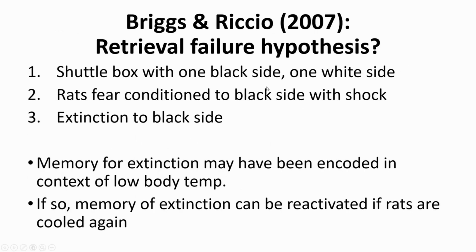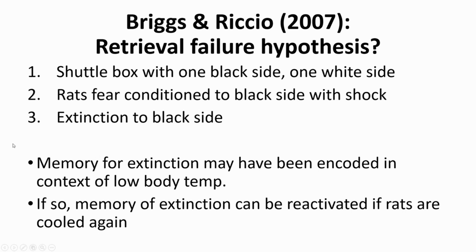And so we're going to look at a follow-up to that rats with hypothermia setup, and we're going to see if we can adjust things to make it so that the rats show that they had learned that extinction. So this is our original setup. We have steps 1, 2, and 3, the extinction, and then some were given hypothermia and some were not. But we're going to see if we can go on this retrieval failure hypothesis side of things.